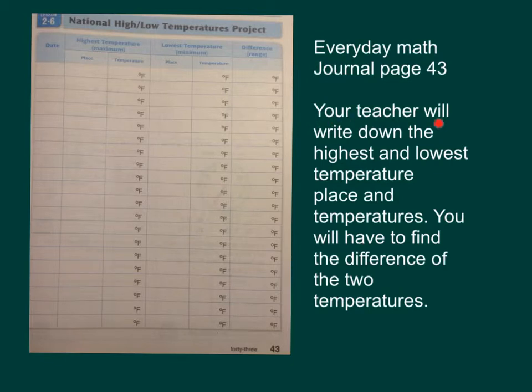Now your teacher will write down on the board or somewhere in your room the highest and lowest temperature, place, and temperatures for the date listed. You will have to find the difference of the two temperatures. Again, difference meaning subtracting one high temperature from the low temperature.